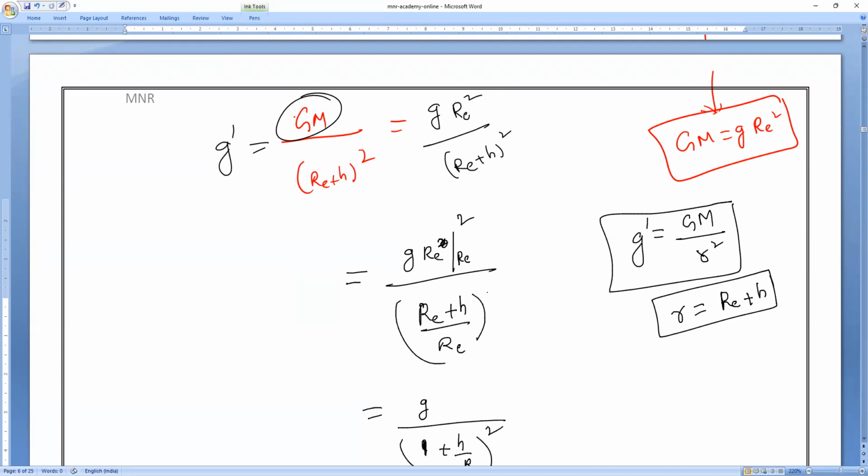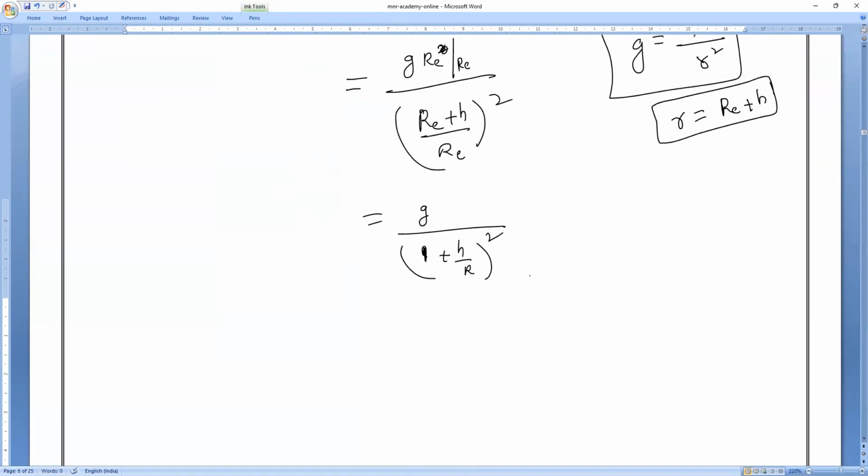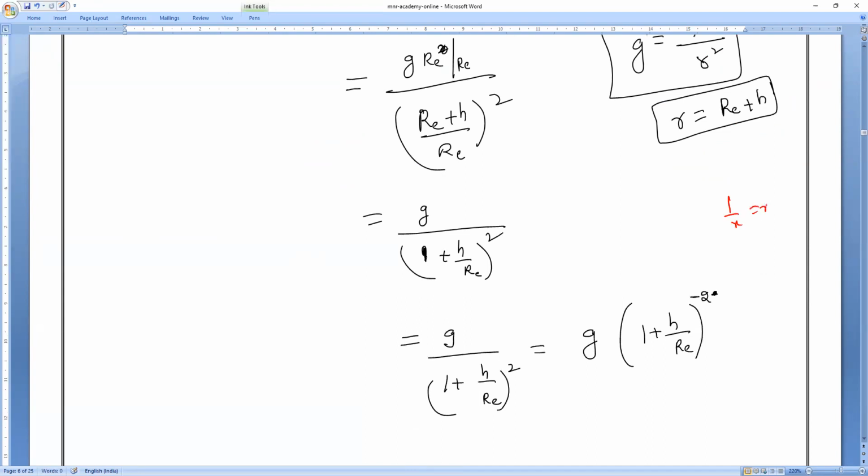Is it okay, guys? Everybody, will you all agree with me? Please respond. So that is the formula. G divided by (1 plus H divided by RE) whole square, which I can also write as G into (1 plus H divided by RE) to the power minus 2, the inverse. Since 1 by x can be written as x to the power minus 1.